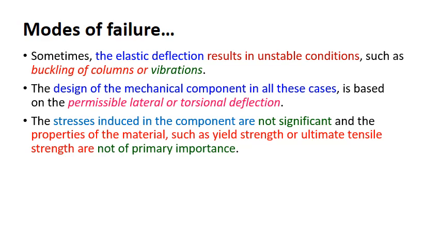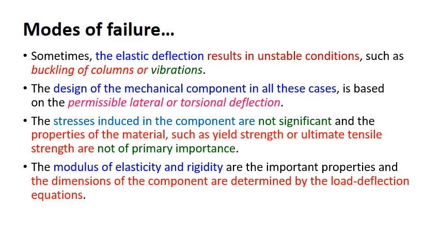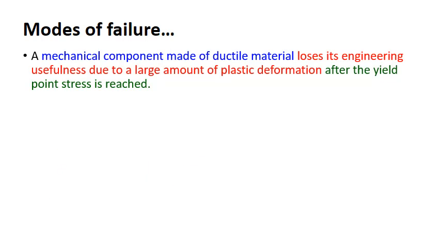So we focus on the limiting criterion and the design criterion: modulus of elasticity and rigidity. Suppose your component is subjected only to axial load, then you must select a material with higher modulus of elasticity, because elasticity means stiffness, right? Now that is about failure by elastic deflection.